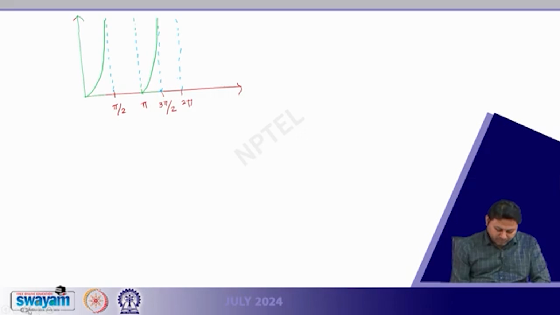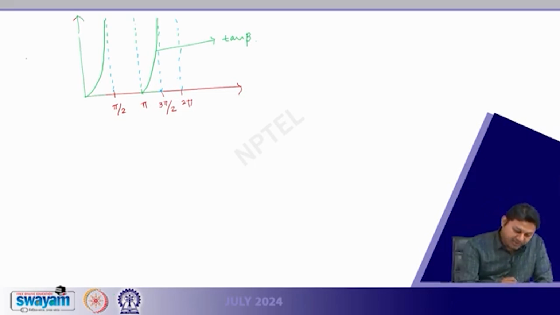And now I need to draw the beta curve also. So this green line is basically the y equal to tan beta curve I am drawing.